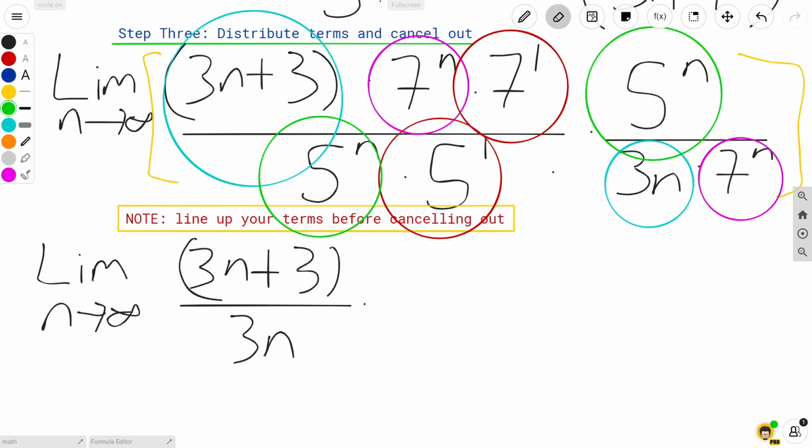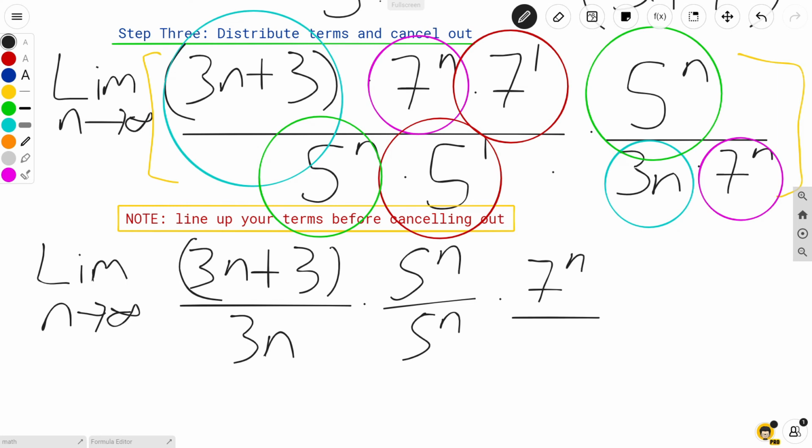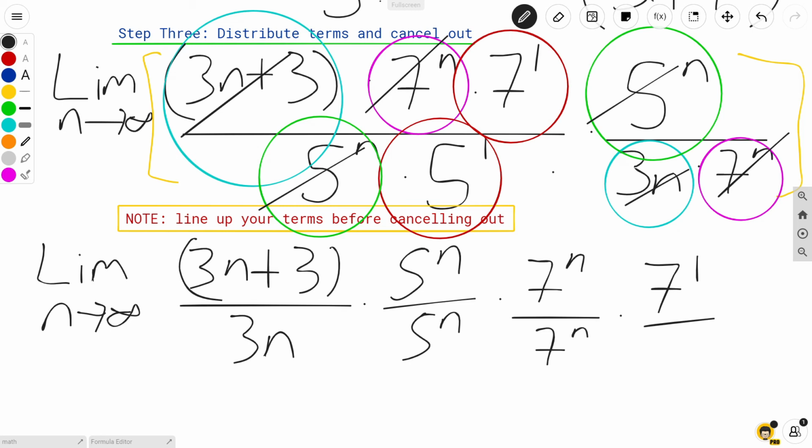Now the next terms that we line up are 5^n divided by 5^n, and then 7^n divided by 7^n, times the terms that are remaining, which are 7 to the 1 power divided by 5 to the 1 power.